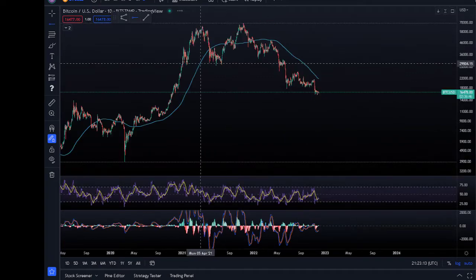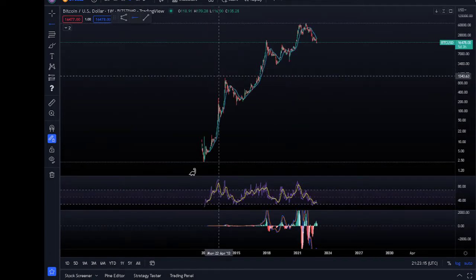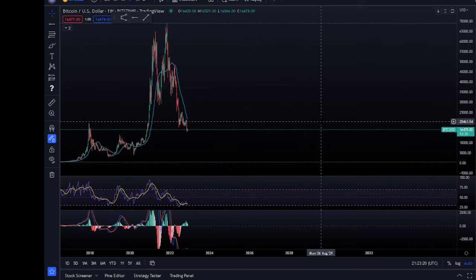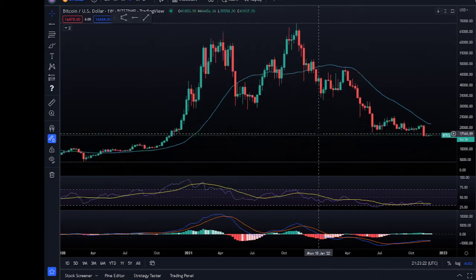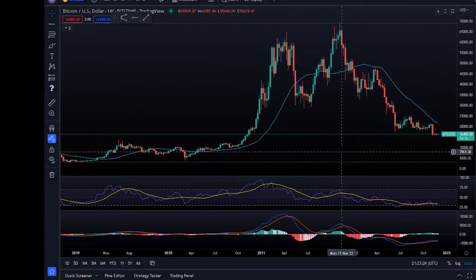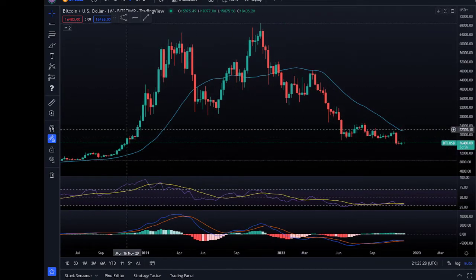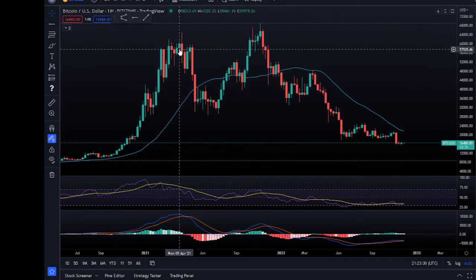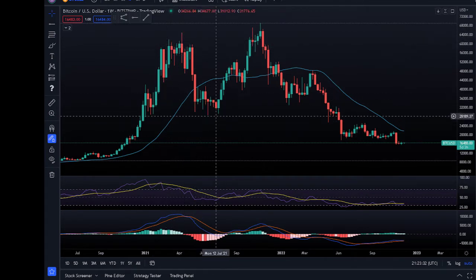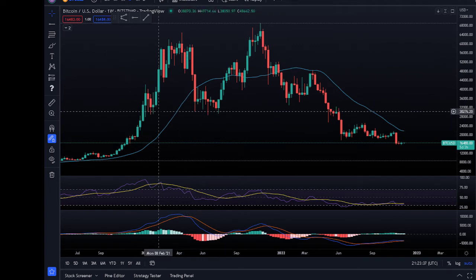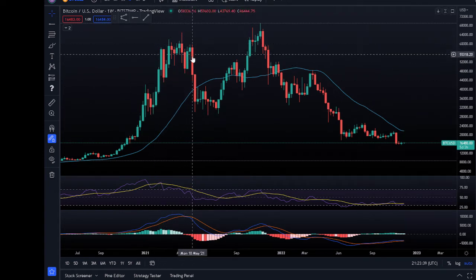Some of the other patterns, Bitcoin shows a lot of them. We can look at them on the weekly too. Right here, Bitcoin was showing this tremendously. And anybody who wasn't taking profits here and ended up catching this pullback, well, you were gambling at that point, because this was almost identical.